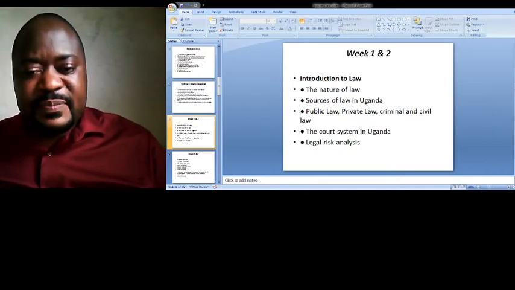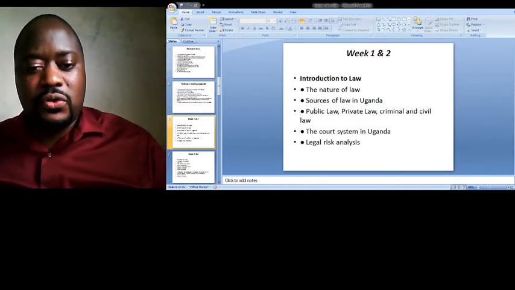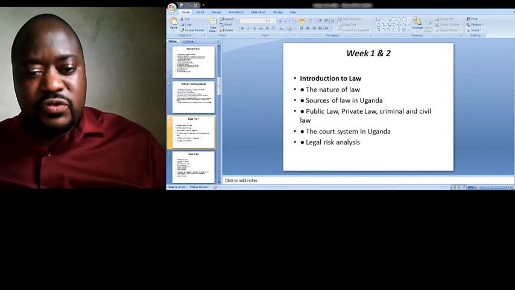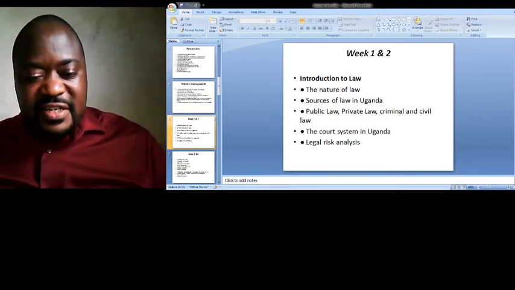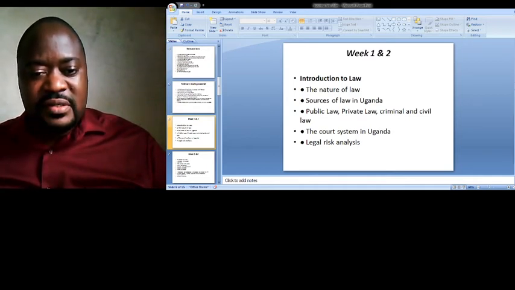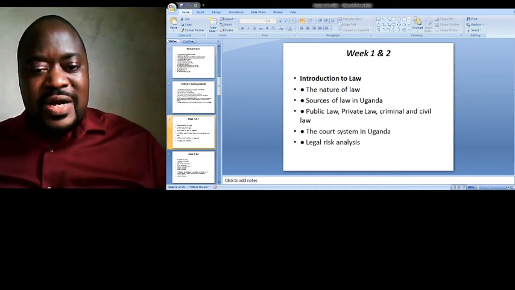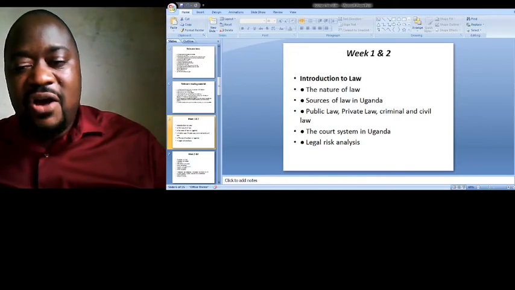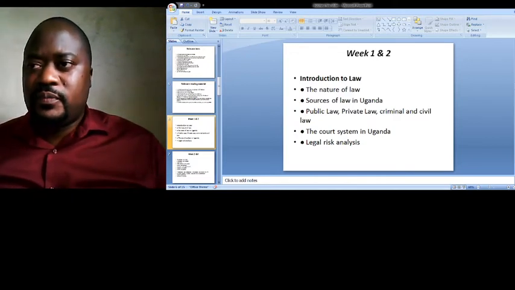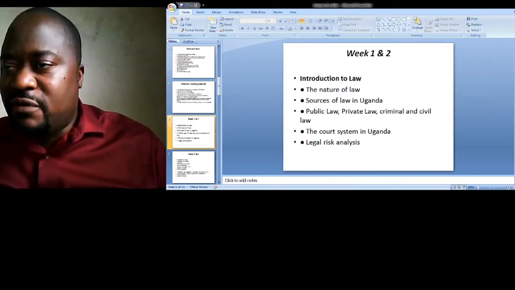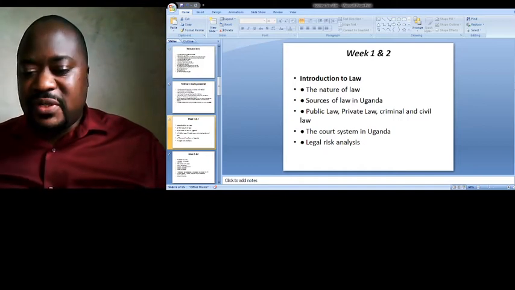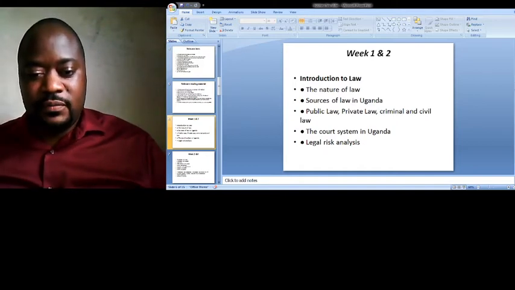From a layman's perspective, what is law? It is important for you to define what law is. After defining what law is, it is important for you to analyze the nature of law, the different types of law. It is important for you to look at the nature of the law.